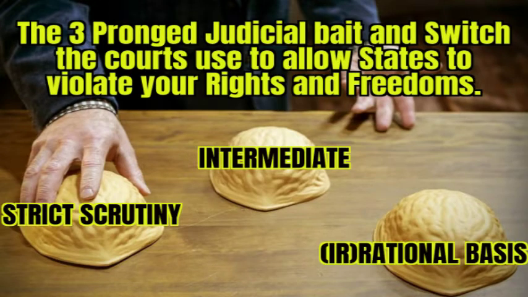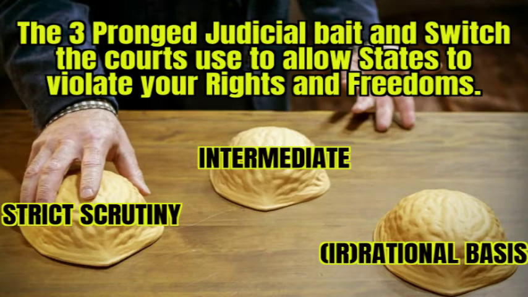So basically what happens is, when the constitutionality of a law is being challenged, regardless of whether it's state or federal courts, they all commonly will apply one of these three levels of judicial scrutiny from what they call the spectrum of scrutiny.